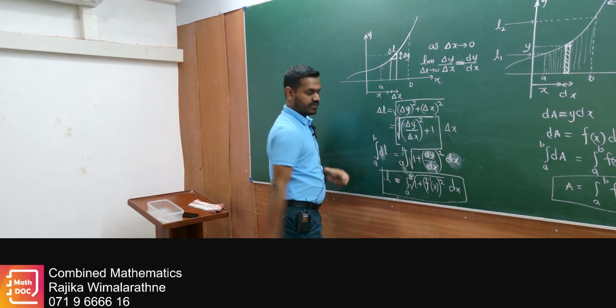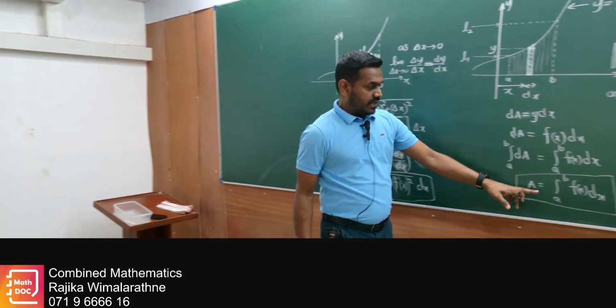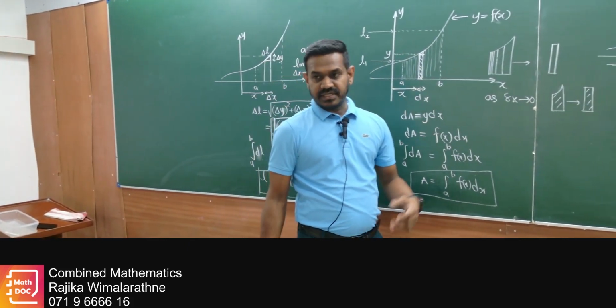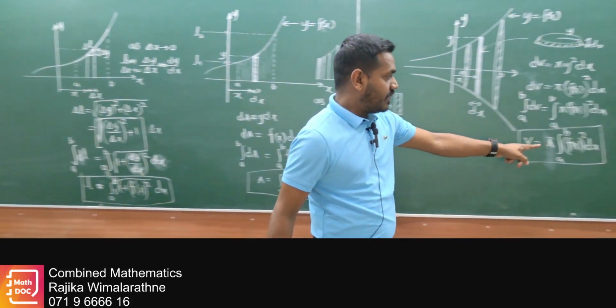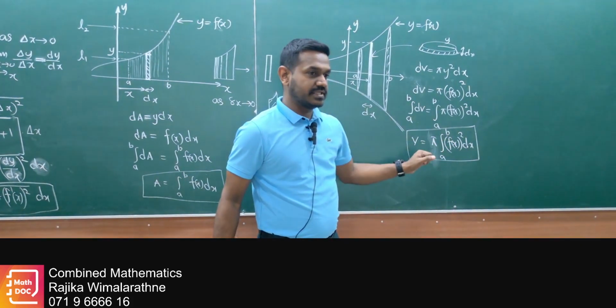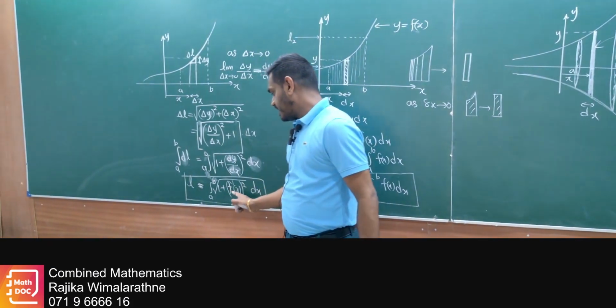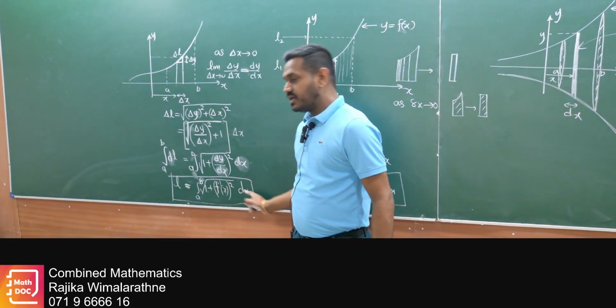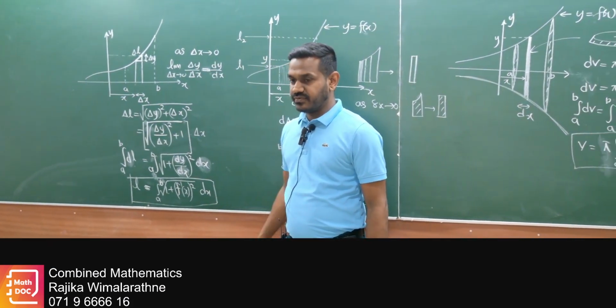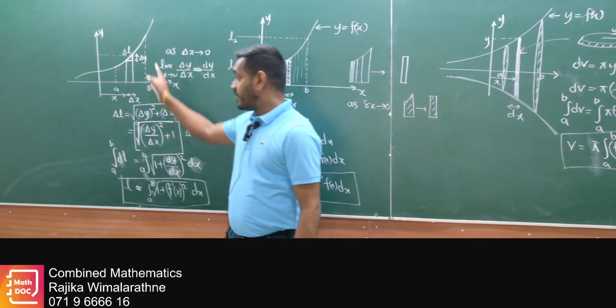Then the integral from a to b of f(x) dx represents area. The integral of pi f(x) squared dx represents volume. Then the integral from a to b of the square root of 1 plus f dash x squared dx represents the length of the curve. But don't worry about the length of the curve part.